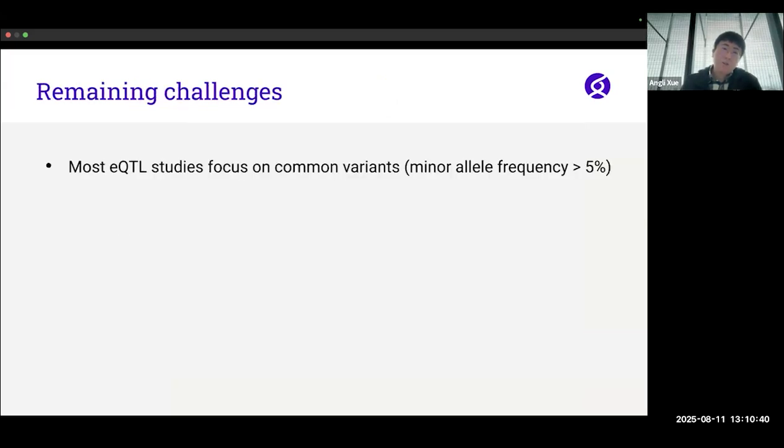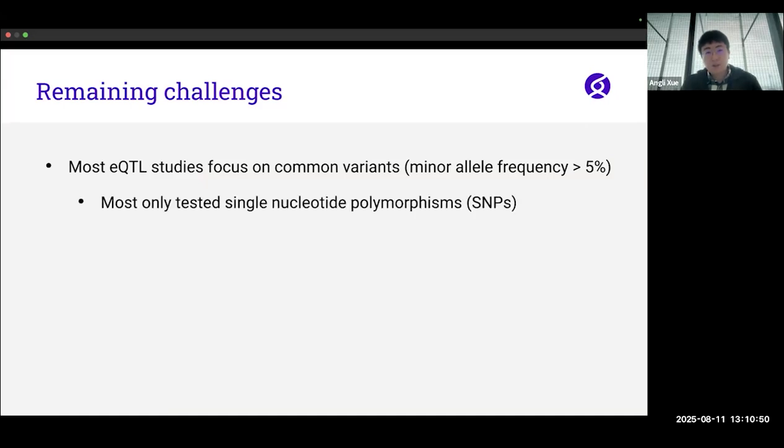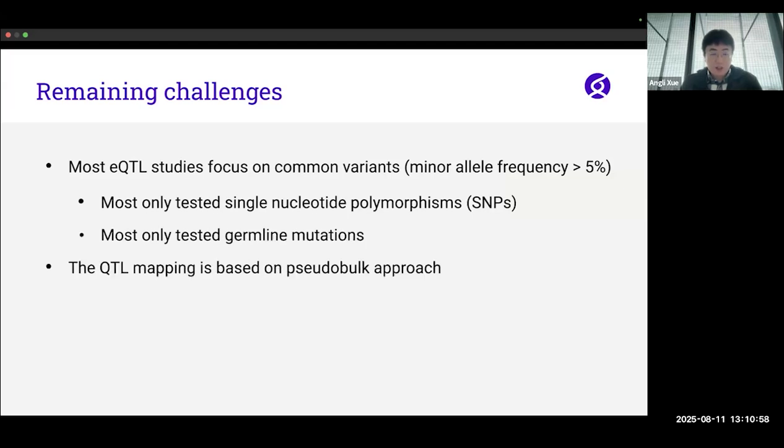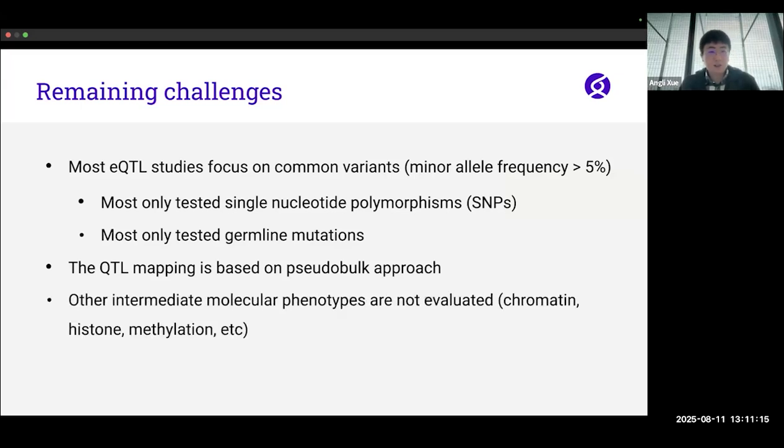There are also a lot of remaining challenges. Most eQTL studies only focus on common variants. When I say common variants, it means that the minor allele frequencies are larger than 5%, and we usually only test single nucleotide polymorphisms and genome mutations. And also, because of the limitation of the statistical model, usually when people map those single cell data, they have to aggregate the cells per cell type to make a pseudobulk, then use a bulk approach to run the QTL.